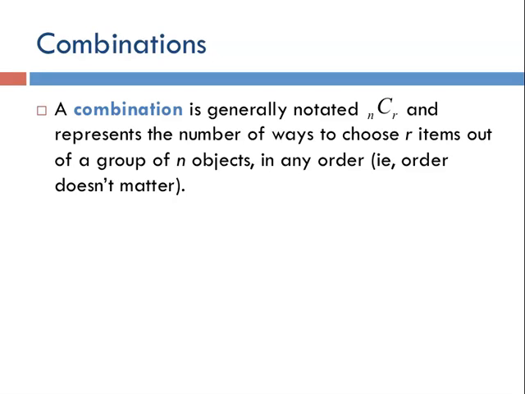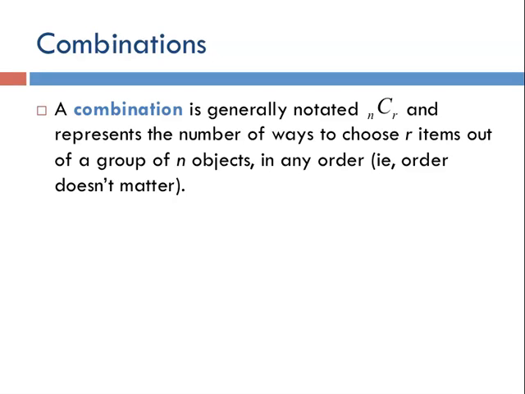What it represents is the number of ways to choose r items out of a group of n objects in any order. In other words, order doesn't matter. So how many ways are there to choose r items out of a group of n objects? So r is always going to be either equal to or smaller than n. You can't choose more items than there are objects in the group.